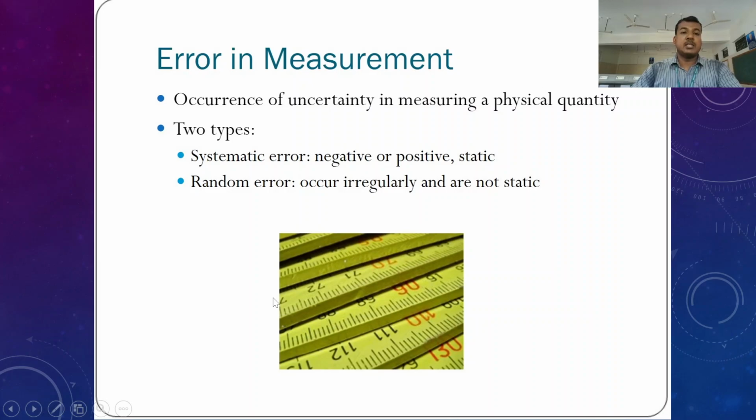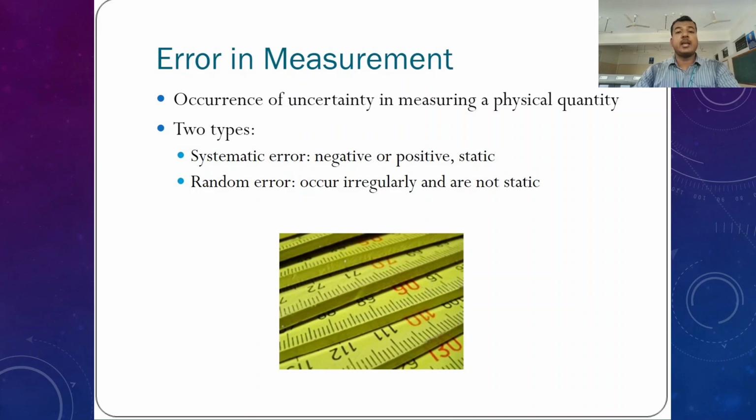And the last topic is error in measurement. Normally the error cannot be completely eradicated. There will always be some sort of errors present in a system. Occurrences of uncertainty in measuring physical quantities are generally called error in measurement. There are basically two types of errors: one is the systematic error and the other is the random error.